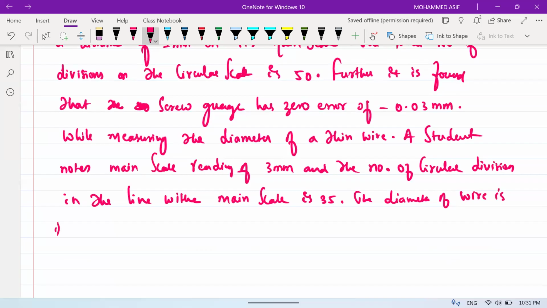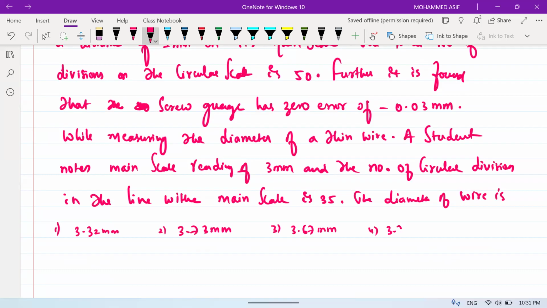I'll give the options for this one. It is 3.32 mm. Second option is 3.73 mm. And third option is 3.67 mm.